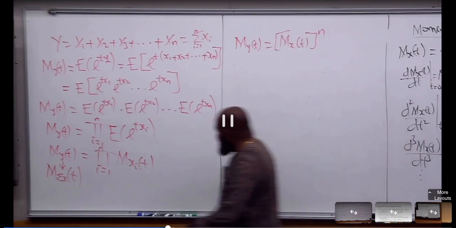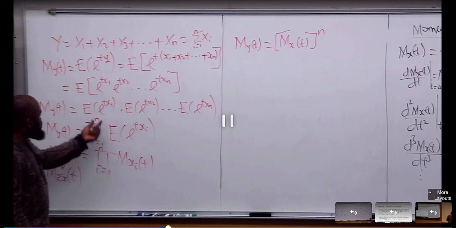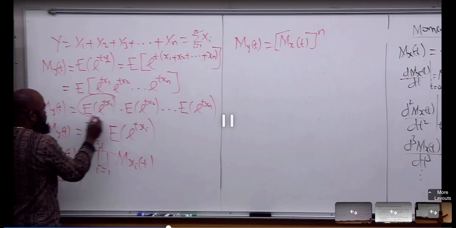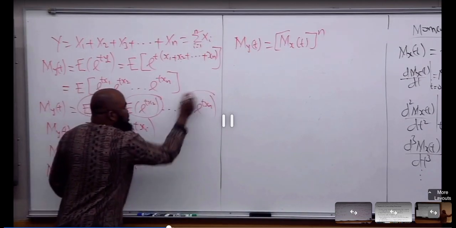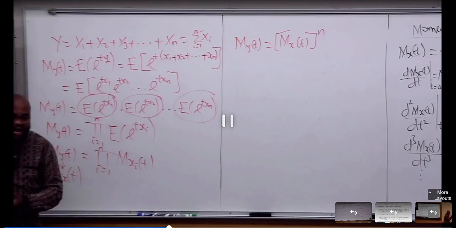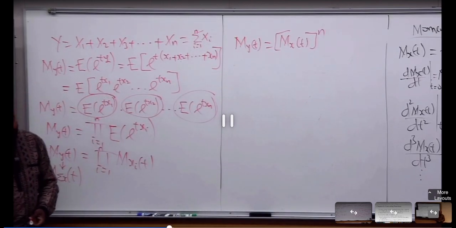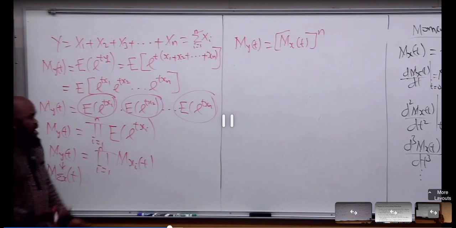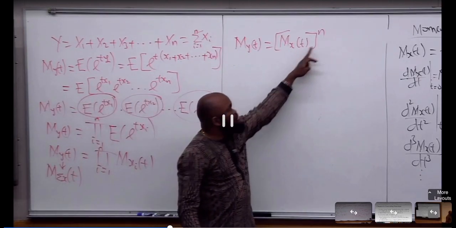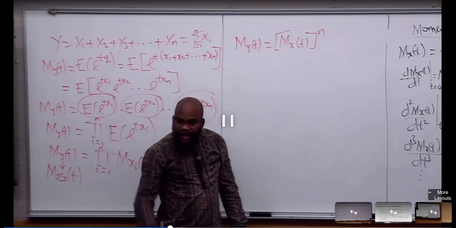Does that make sense? Because in that situation, each of them will be the same. If they are all the same and you have n terms, then you just write a moment generating function and raise it to power n.